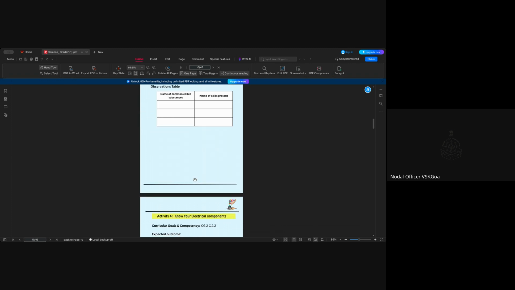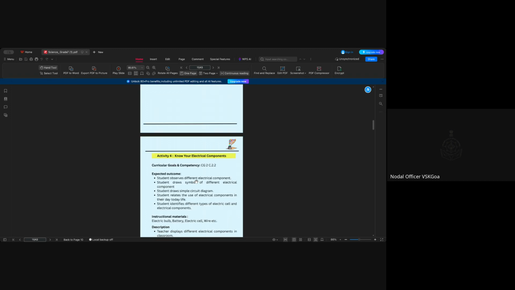The fourth activity is very interesting and will be liked by most of the students. That is related to know your electrical components. This particular activity again touches upon certain curricular goals: curricular goal 2, curricular goal 5, curricular goal 6, and curricular goal 7.